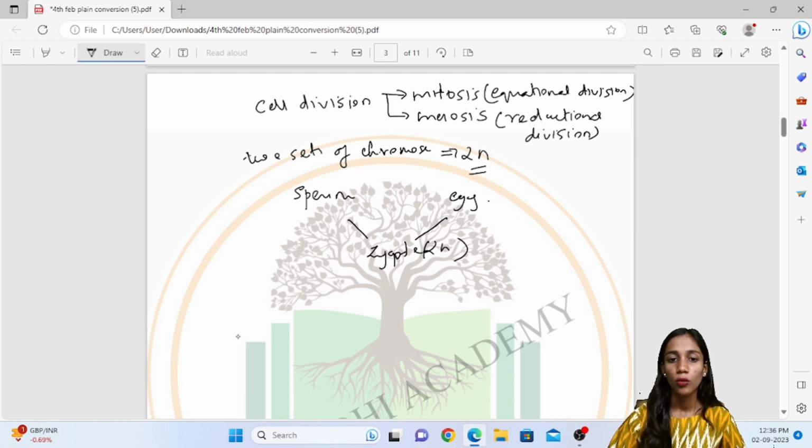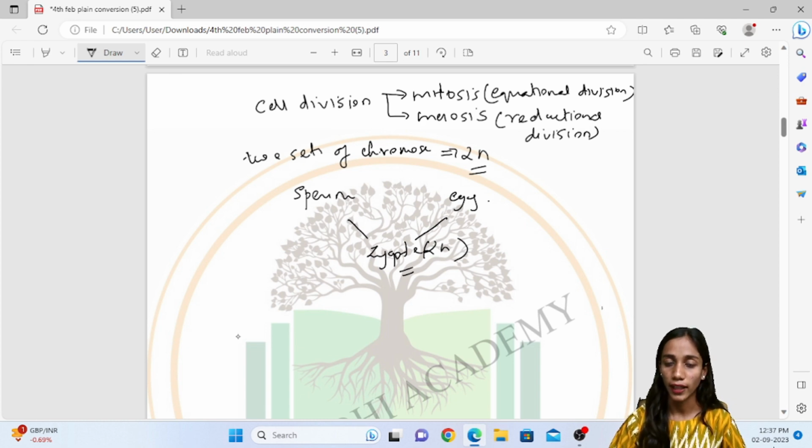So, what should be the number of chromosomes, what should be the set, in each of these gametes? After fusion, I have to have 2n chromosomes, means two sets of chromosomes. So how many sets should be present in both of these gametes?